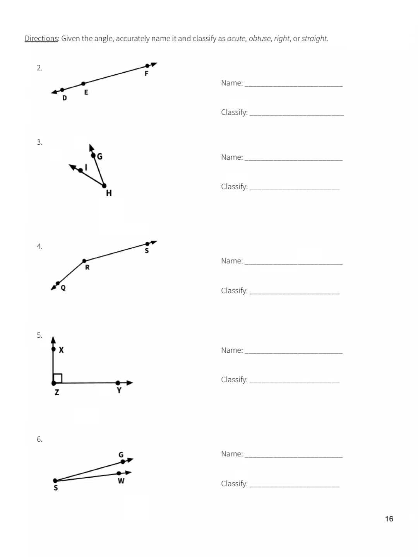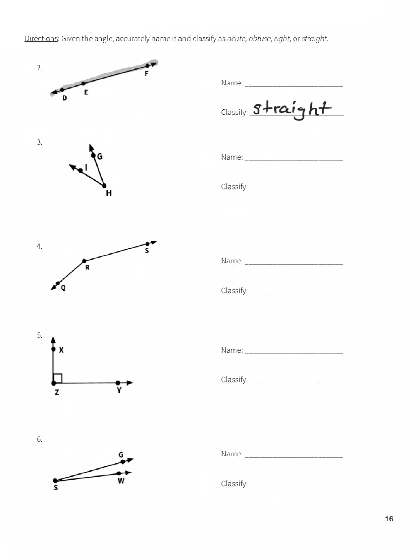We have this straight line right here, perfectly beautiful straight line. So we know right here that it's a straight up line. So what kind of angle is this? I'm going to just do this part first because it's so obvious. It's right in your face. It is a straight line. And what is the name of this angle?